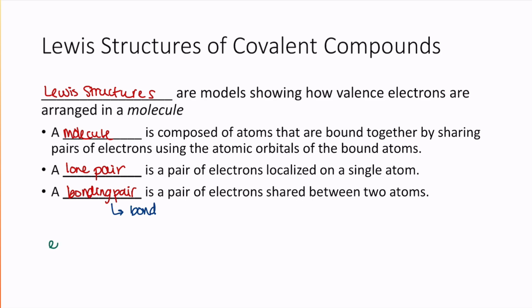If we look at an example, let's look at the electrons in F2. So this is what the Lewis structure of F2 looks like. All of these electrons here are lone pair electrons.